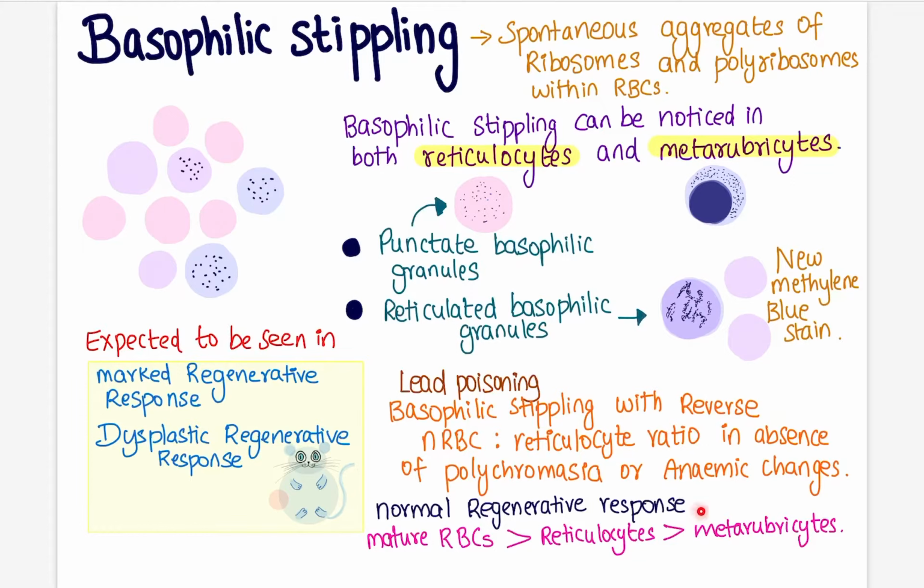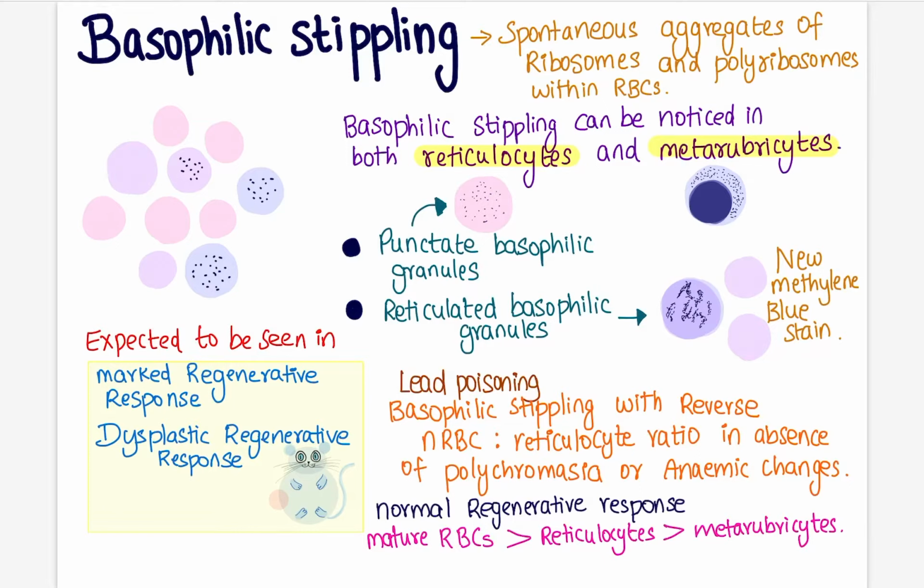In a normal regenerative response, mature erythrocytes will be abundant, reticulocytes will be fewer than mature erythrocytes, and metarubricytes or nucleated RBCs will be much fewer than reticulocytes. So this is the normal ratio in a regenerative response.